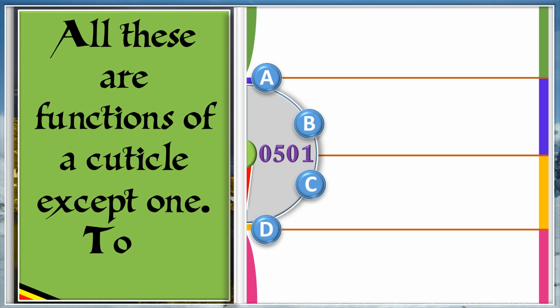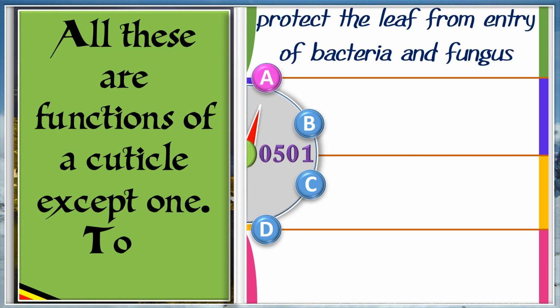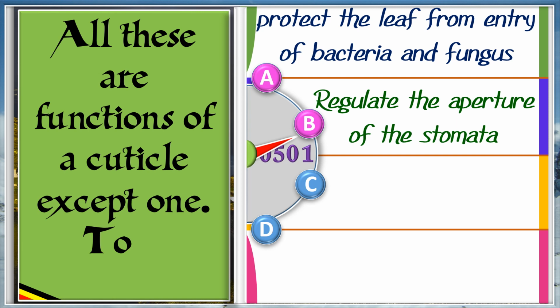All these are functions of a cuticle except one. A. Protect the leaf from entry of bacteria and fungus. B. Regulate the aperture of the stomata.